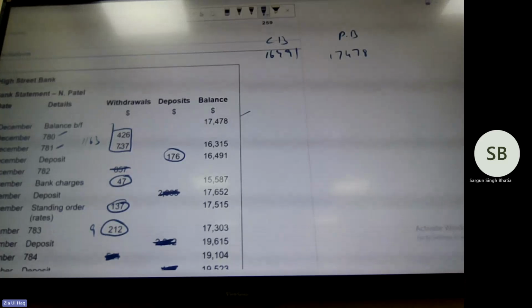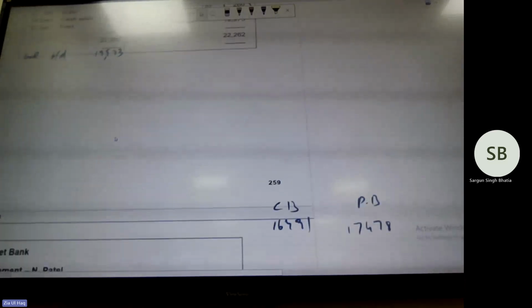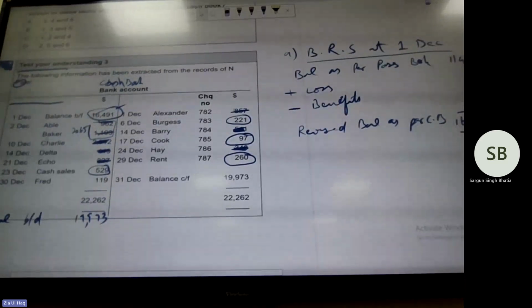These could be previous month unpresented checks that the other party has presented to the bank in this month. That's why they are in the passbook. They have been withdrawn from our bank account this month, but are not in the cash book of this month.